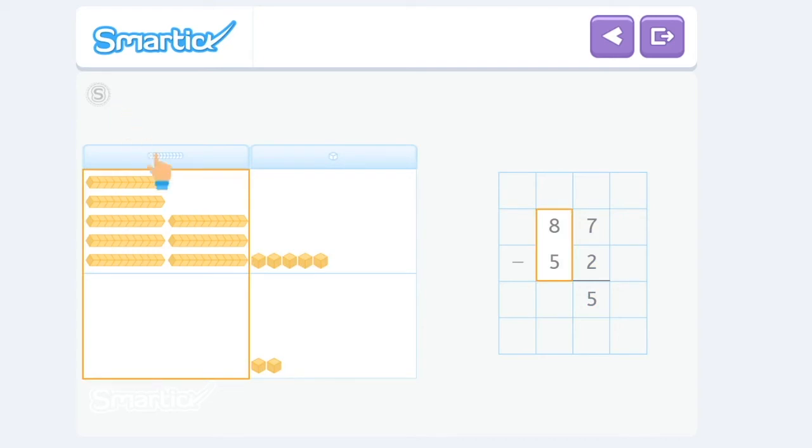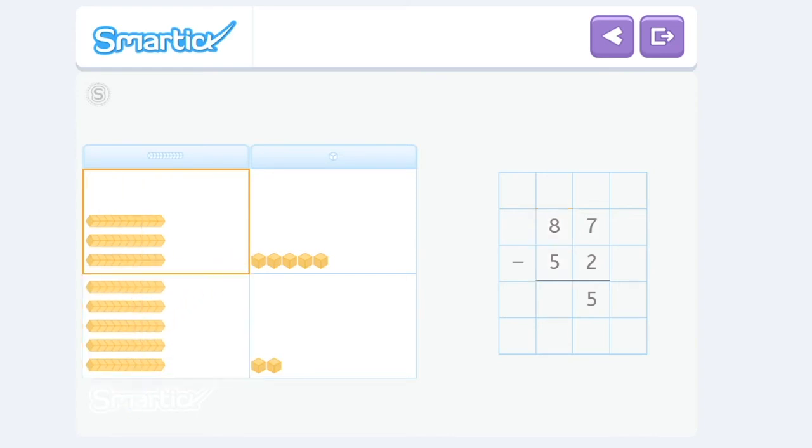We remove 5 bars. And again, we write down the number we have left in the box. 3. 8 minus 5 is equal to 3. That gives us the result of the subtraction. 87 minus 52 is equal to 35.